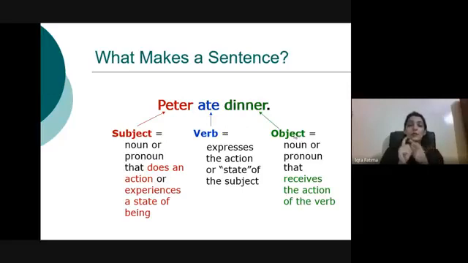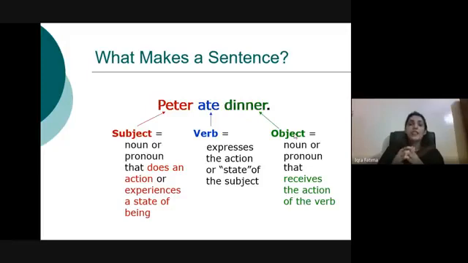Subject and verb, these two things are compulsory to say that this is a sentence. But the difference will come after the verb. Either you need to add the object, or you can add a complement, or you can add an adverbial.